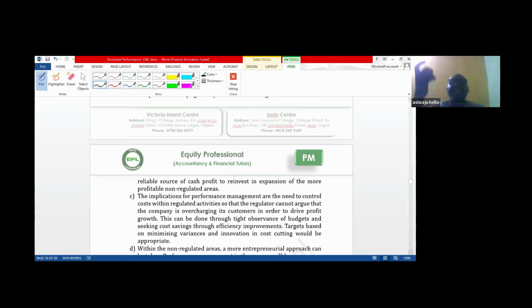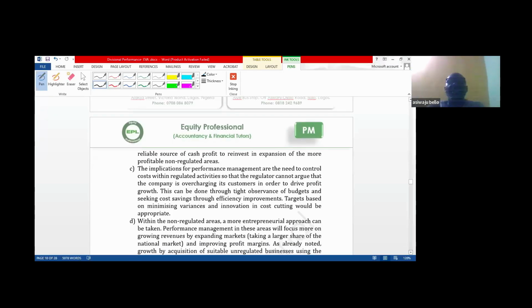Now, the implication for performance management is the need to control costs. You know, for regulated services, you cannot charge any price you like. Government has specified the price you can charge. So the implication is that management will need to control costs.